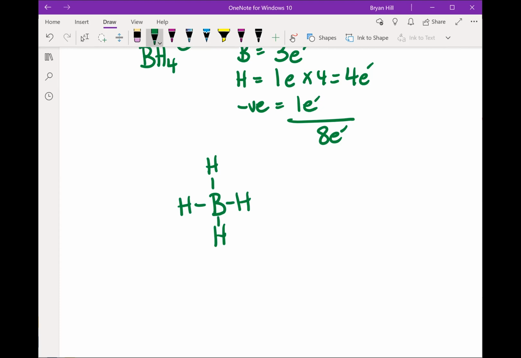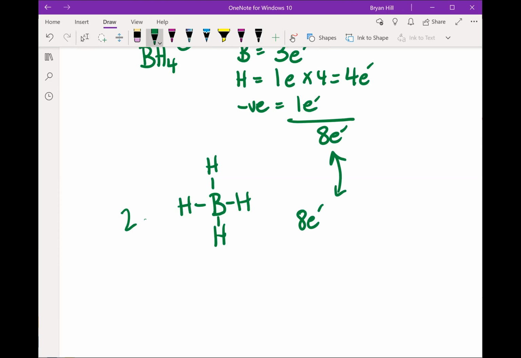And so that would be step 2. It turns out step 3 is already done because hydrogen can only have a duet. So it's set. Each hydrogen's duet is complete. And in fact, the center atom's octet is complete. So we're all the way to the end. And we've got 2, 4, 6, 8 electrons, and this matches what we've got.